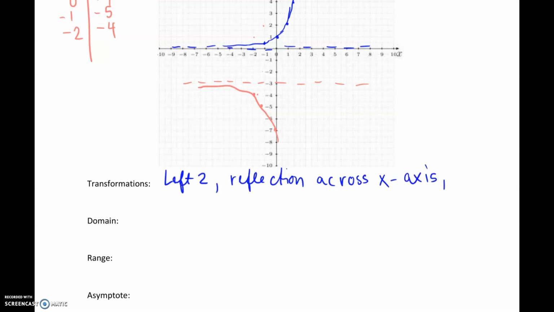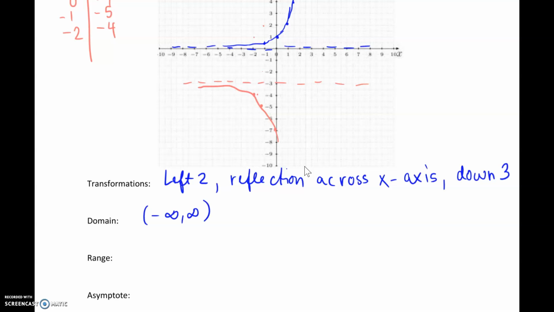And then the last thing is down 3. This is the correct order for doing those transformations. Our domain, when we're looking at our graph over here, for our x, we can plug in anything. So that's from -infinity to +infinity.